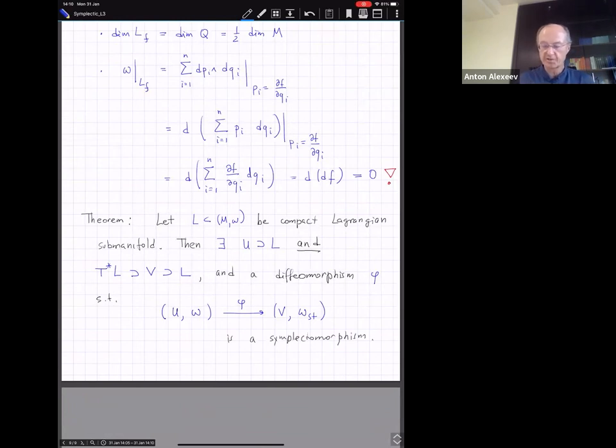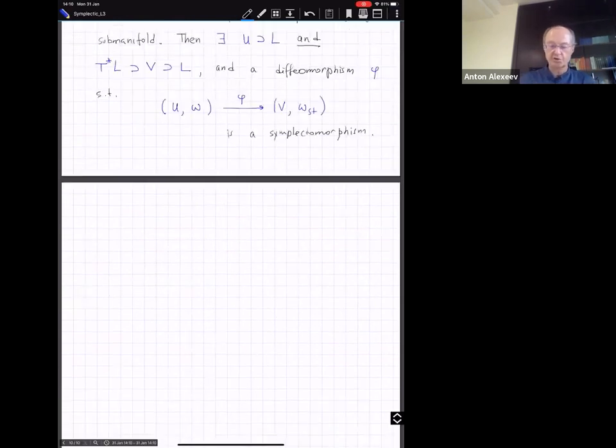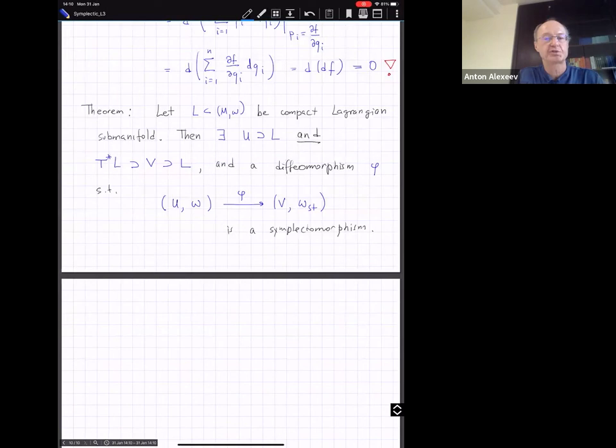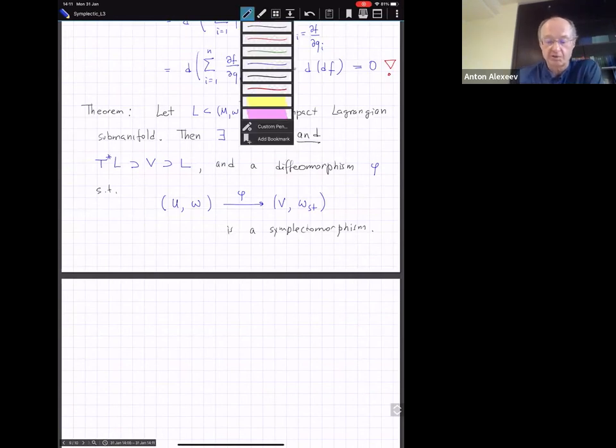So you see, this is a kind of version of the Darboux theorem, right? The Darboux theorem was giving you a normal form of the symplectic form near a point. But now what this theorem is telling you is the following.